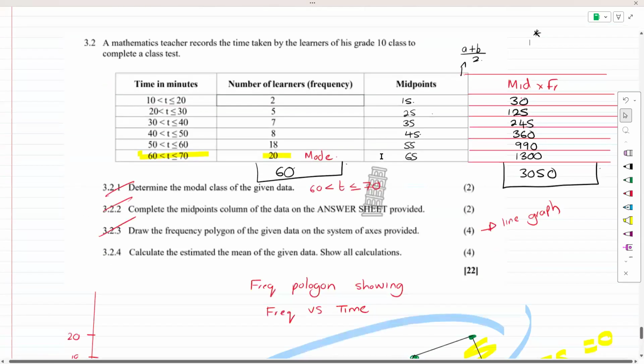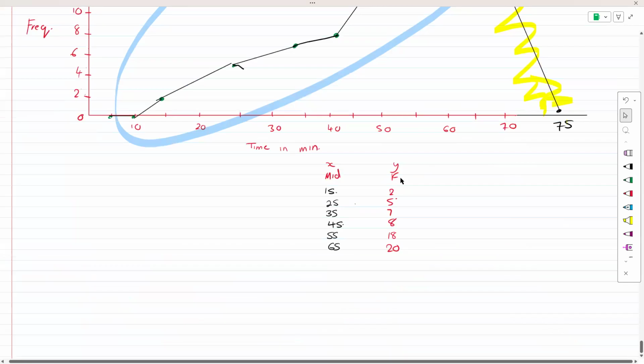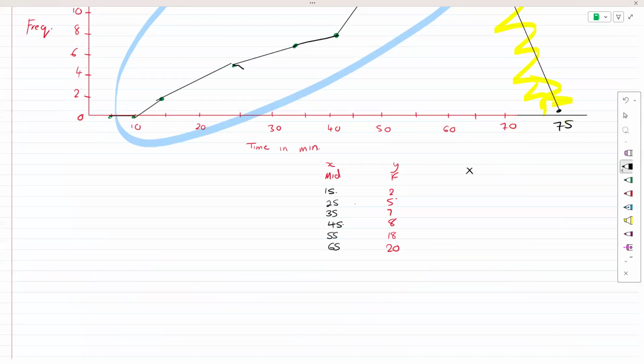So the marking guideline's not correct here, but yeah, the mean would be equal to 3050 divided by 60, and that equals 3050 divided by 60, which is 50.83.